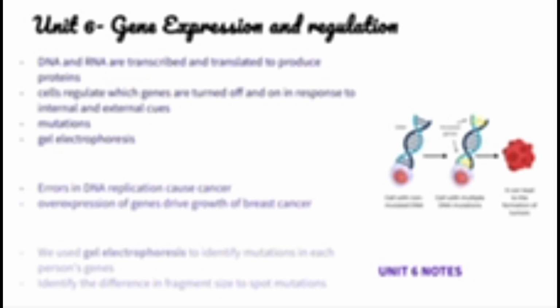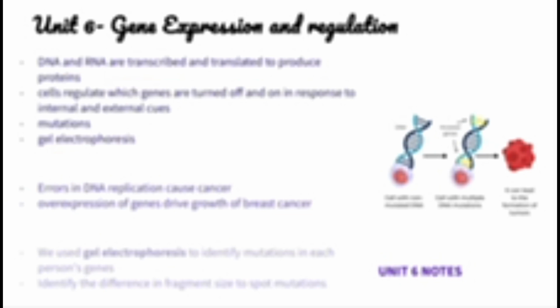So my team is focusing on how errors in DNA replication cause cancer, how these mutations can lead to the formation of tumors, and how the overexpression of genes drives the growth of breast cancer. When genes are overexpressed and not regulated, it drives non-stop breast cancer growth.